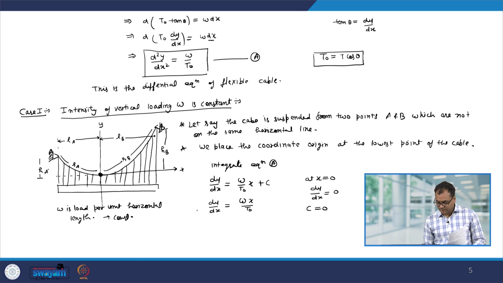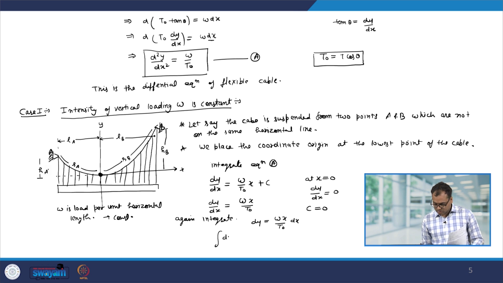Now, again integrate it. So, we have dy equal to Wx over T naught dx. So, integral dy will be Wx over T naught dx and y is varying from 0 to y and x is varying from 0 to x.